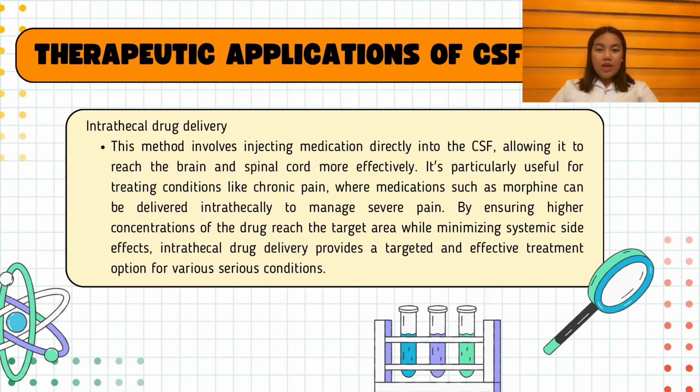And by ensuring higher concentrations of the drug reach the target area while minimizing side effects, intrathecal drug delivery provides a targeted and effective treatment option for various serious conditions.